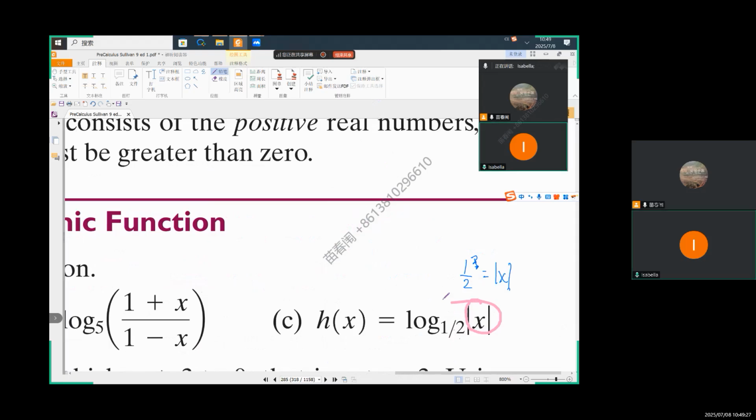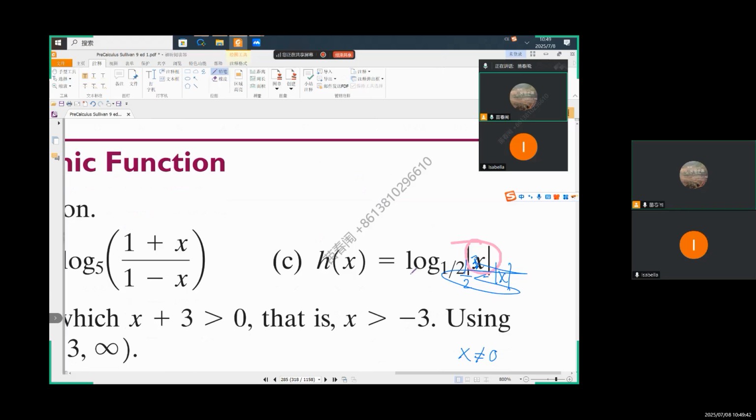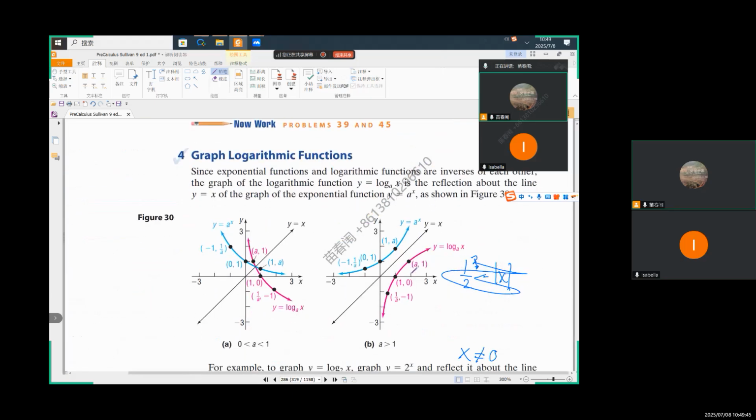Wait, no, I don't even need to do this. Okay. I think that's just it. Yeah, that's it. The other restriction is greater than 0, as long as it's not equal to 0. Any other real number except 0.